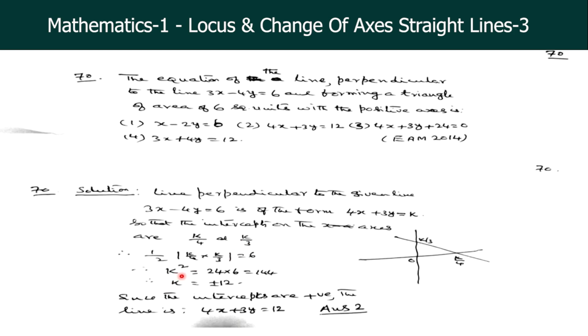So k square is equal to 144. So k is equal to plus or minus 12. Since the intercepts are positive, on the positive axes he has given, the line is 4x plus 3y is equal to 12, which is option number 2.